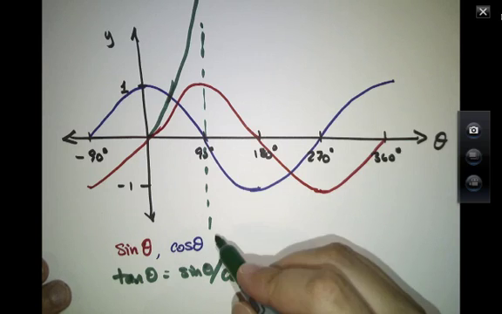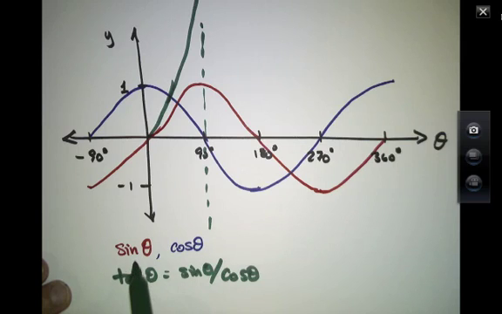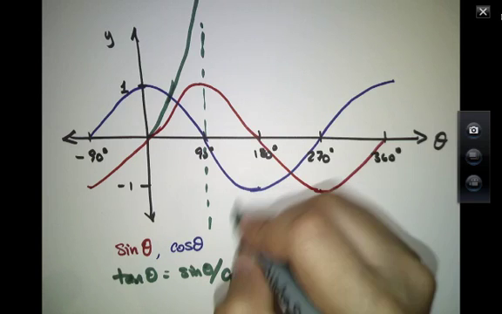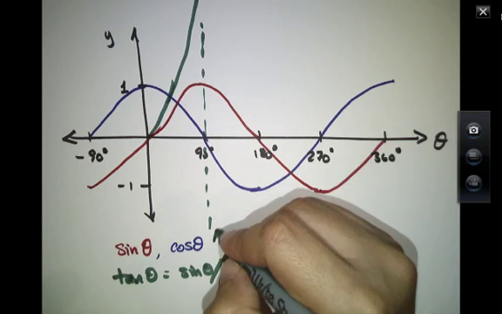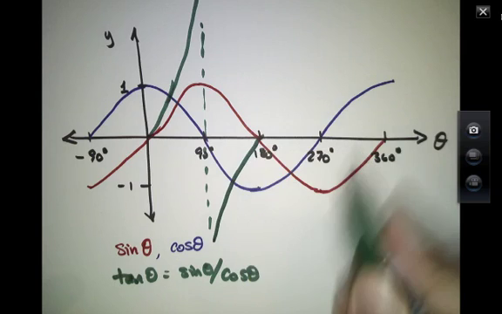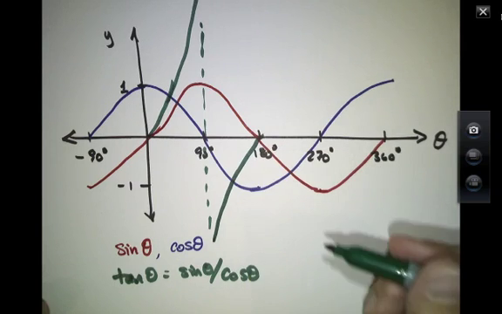At 91 degrees, the sine of theta is still pretty close to 1. The cosine is very, very small, but it's a negative number because I'm over in what's called the second quadrant. And the graph looks something like that.